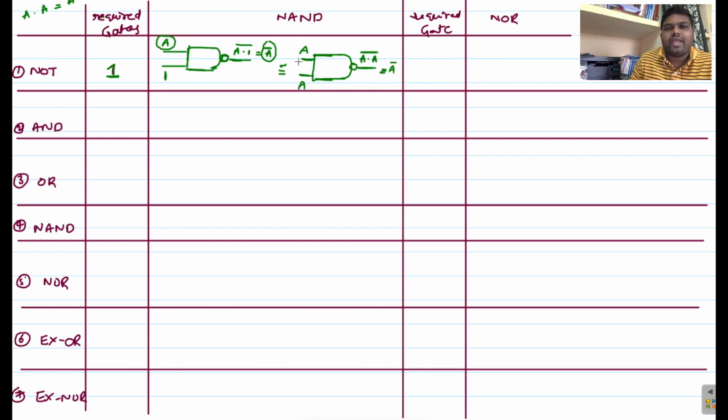That means if you take two same inputs to this NAND gate, you will get the inverted variable. So I tie up these two inputs and provide A here, and what you will get is A bar. This is the way you implement the NOT logic with the help of a NAND gate.